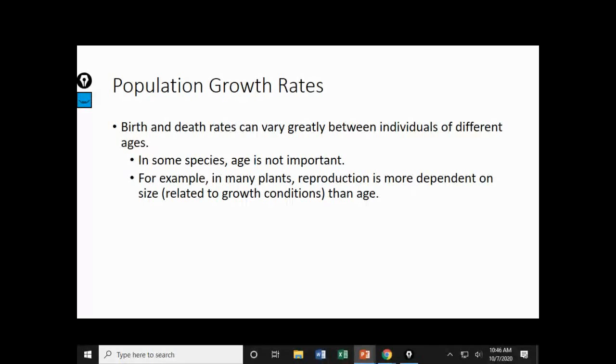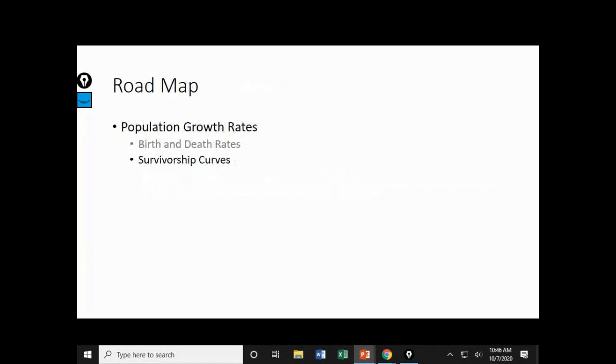Okay, feel okay so far? It's pretty intuitive. Okay, so let's talk about what we call survivorship curves. Okay, and we're not going to dive into life tables today, but we can talk about the pieces that go into them.